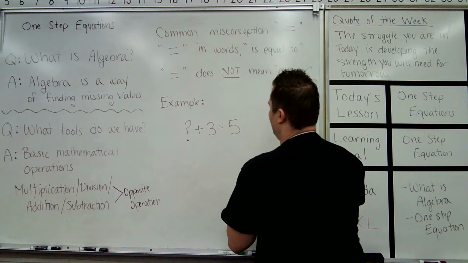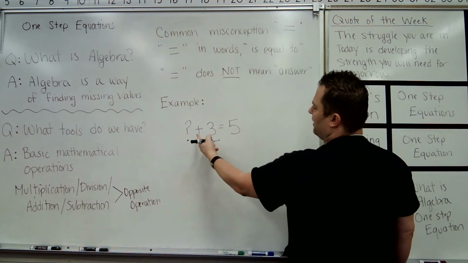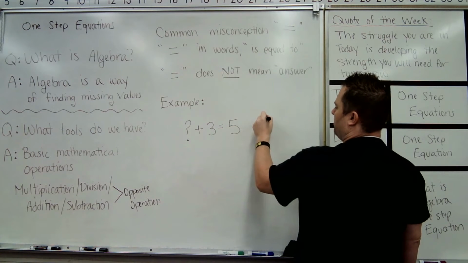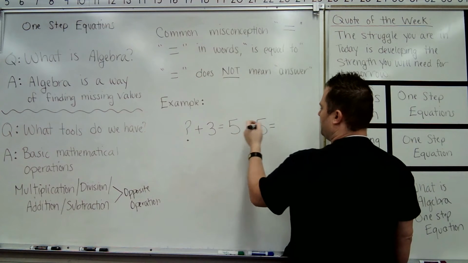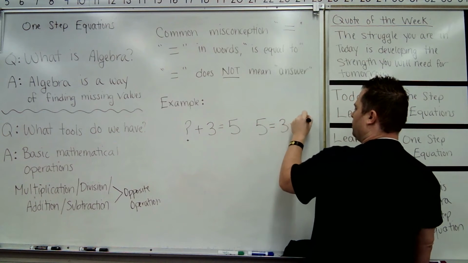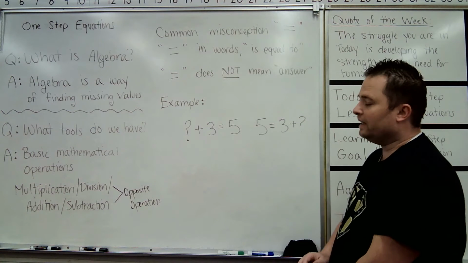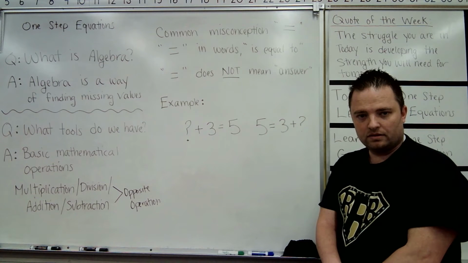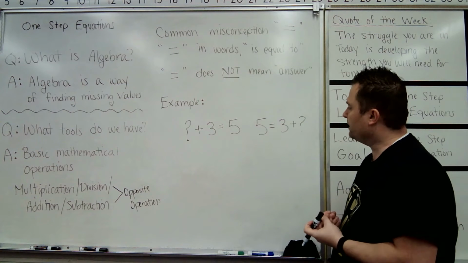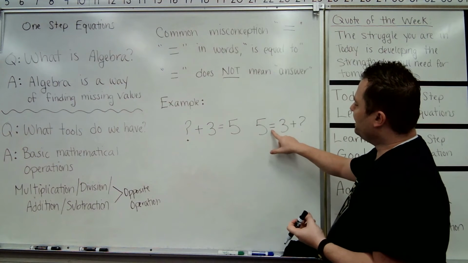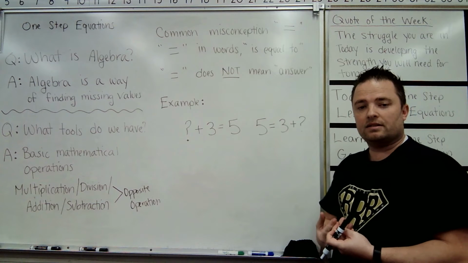What I mean to say is if I was to write this exact thing, but in the opposite direction, such as 5 equals 3 plus question mark, it would mean the exact same thing. And I cannot stress this enough, because we will be building on this idea of what equality actually means.